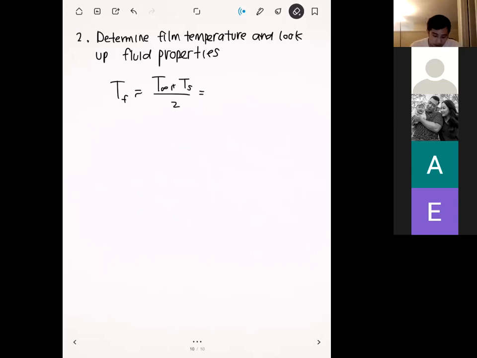And so it's going to be T infinity plus TS divided by 2, right? So it's just what is in between those. And in this problem, we know that T infinity here is 20 degrees C, and we know that our surface temperature is 45. And so you take the average of that. So you have 20 plus 45, which is 65, divided by 2 is 32.5 degrees C.